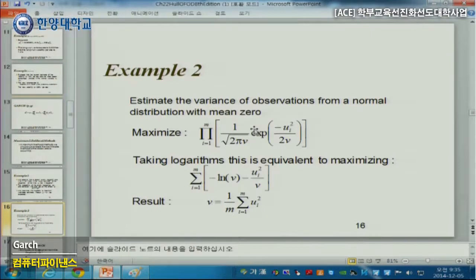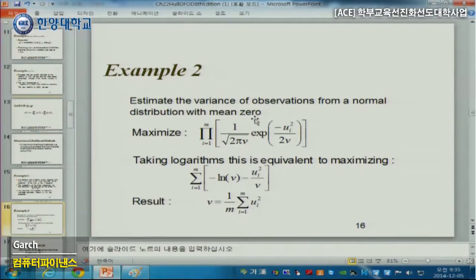In case of a normal distribution with mean 0, the likelihood of observing one return looks like this one, right? Because it is not exactly a probability, but a probability density function. So this part is actually the likelihood of observing the i-th outcome.